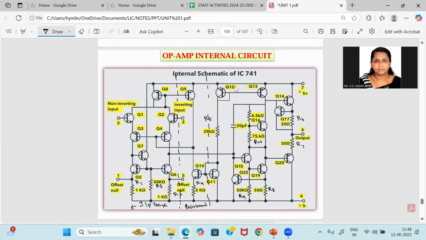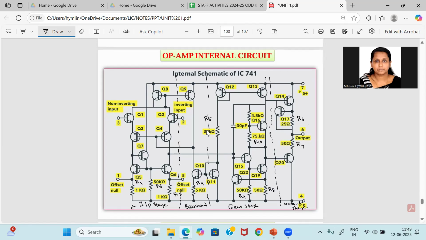And the third is the gain stage, and this will be the output stage. So generally, there are three sections. The input stage is nothing but the differential amplifier with the bias circuit. The second is the gain stage, and the third is the output stage.